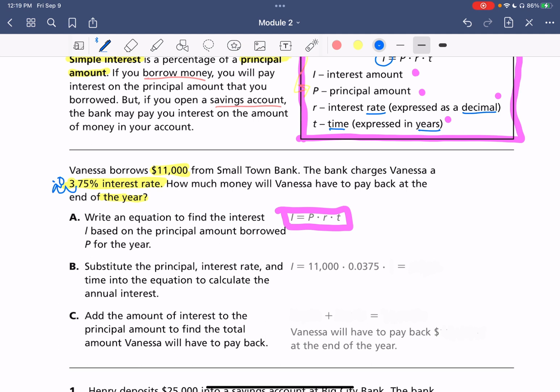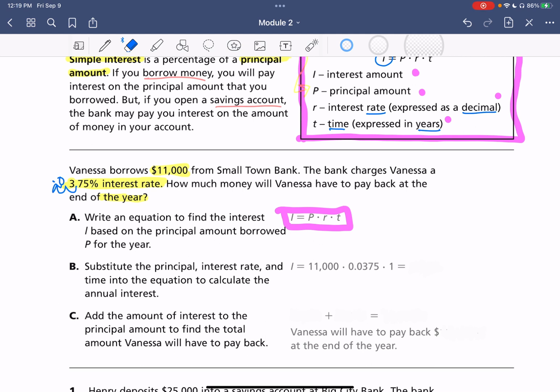And then our last part of our equation is our time. It's always expressed in years, as they say up here. We're only going to do this for 1 year. That's the plan. So times 1. If it were 5 years, we would plug in a 5. If it were 10 years, we'd plug in a 10.